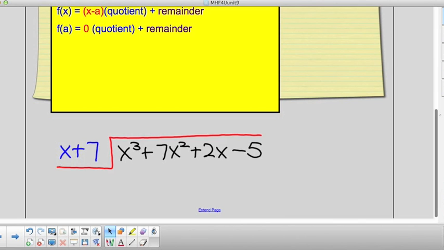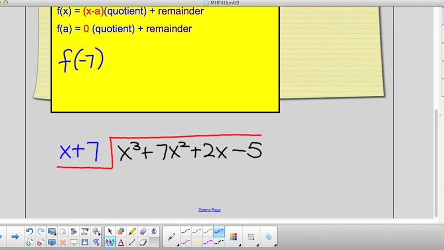So what I'm going to do is, if x plus 7 is set equal to 0, then x minus a would actually be x, give me a value of x is equal to negative 7. So what I'm trying to do is find f of negative 7.